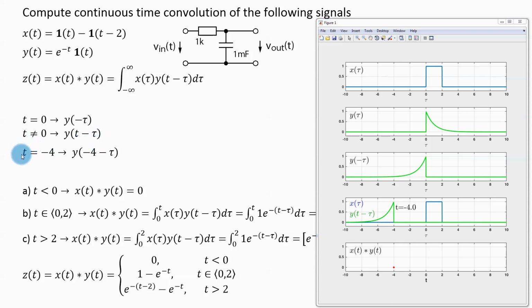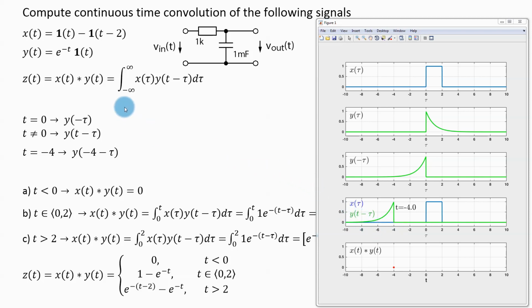So a specific example: if t is minus 4, I will get this function, and that is actually plotted in here. This green function is function y of t minus tau for t equal to minus 4. And you can see that it is this flipped function just shifted to the position of minus 4.